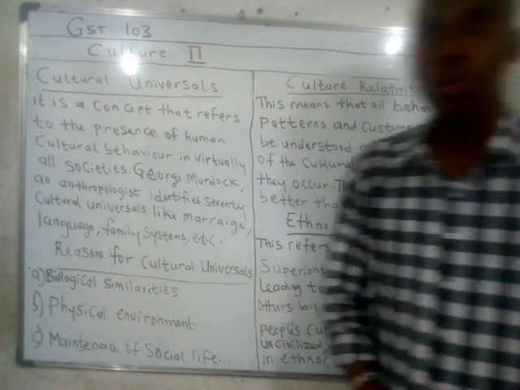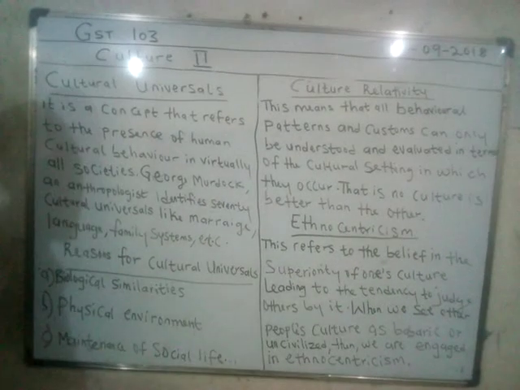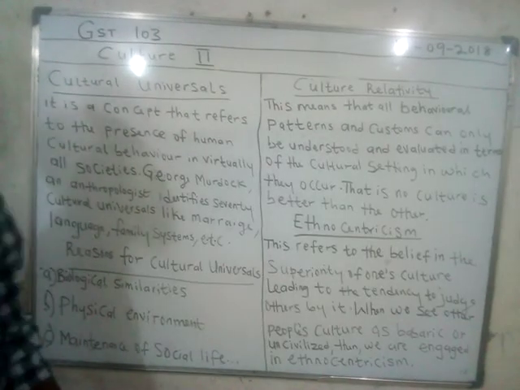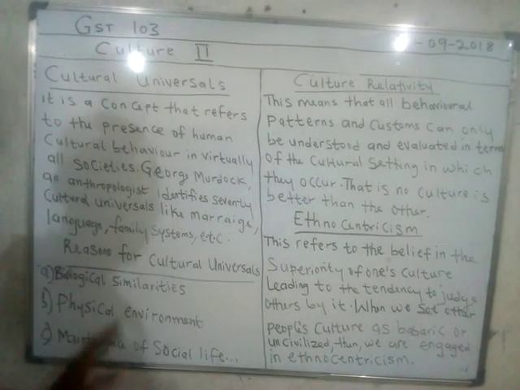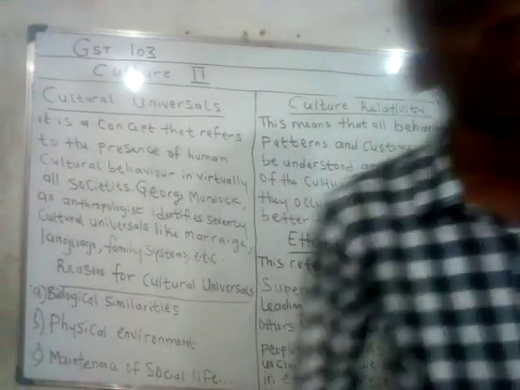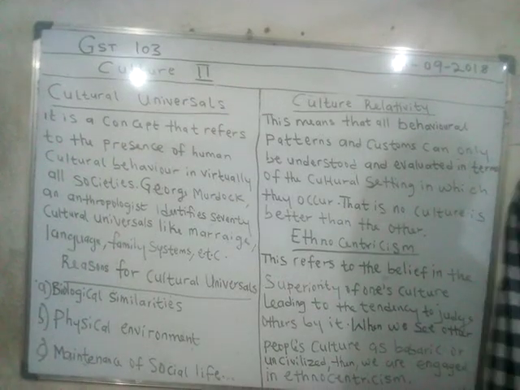We have biological similarities. When we talk about biological similarities, remember that biology studies life, and in every human society, people are meant to fall ill, people are meant to die. And when people fall ill, there has to be the provision of hospitals.